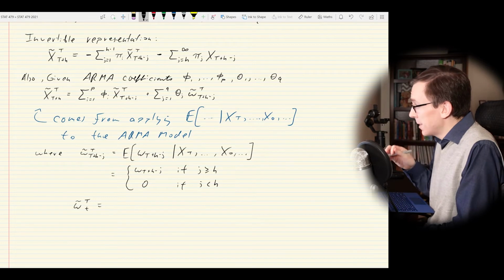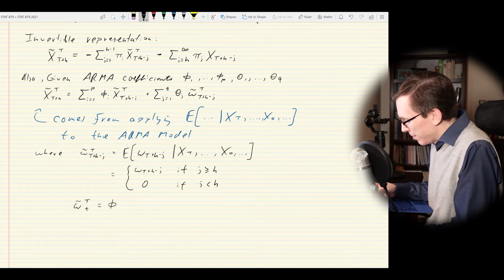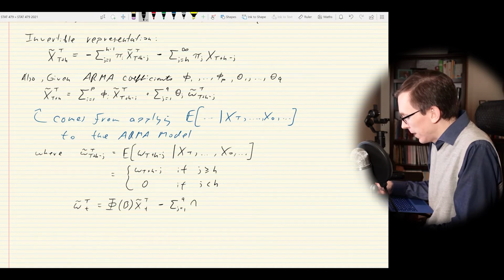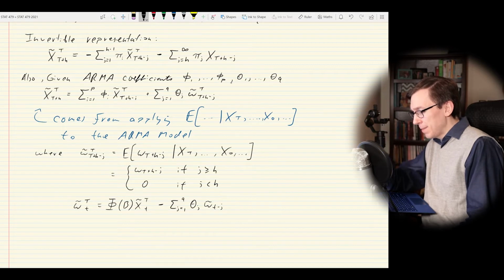Well, this is going to be the autoregressive operator applied to x tilde, capital T, lowercase t, and then we're going to subtract the sum j from 1 to q of theta j w tilde t minus j. So this is basically the same thing I have up above, I'm just rearranging the terms slightly.